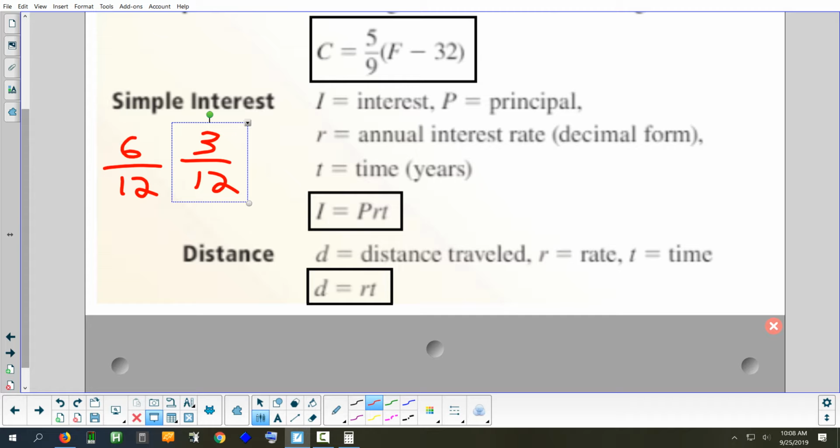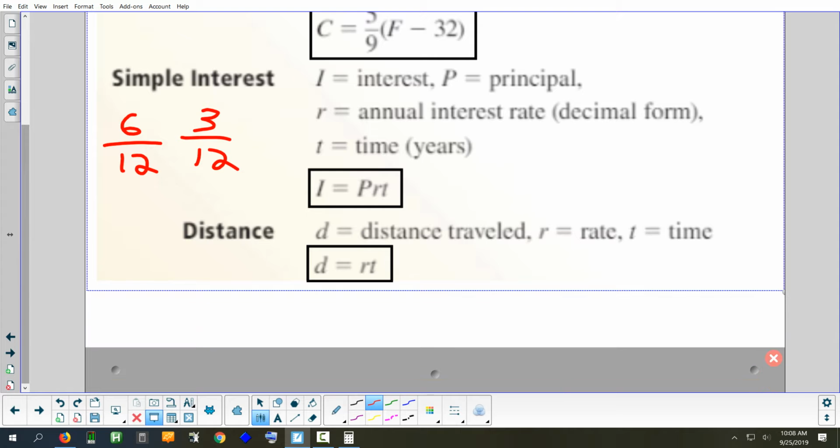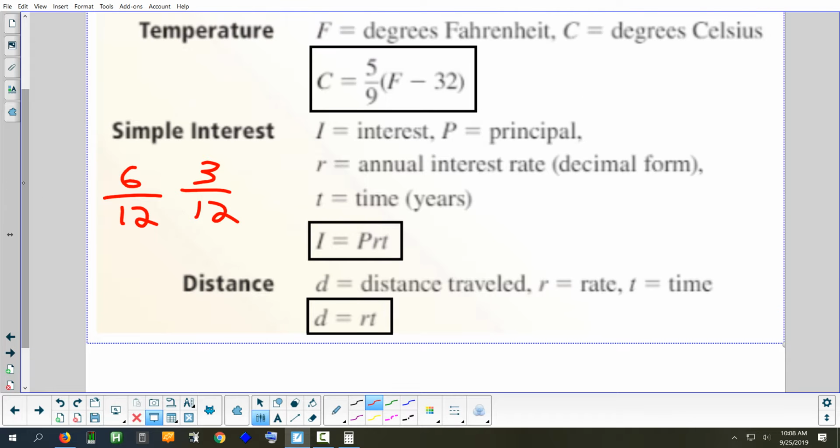What was your average speed? D is distance, R is rate, T is time. Does everyone have those 3 formulas? I think the last one, for me, is the easiest one to remember. The Celsius to Fahrenheit, I always mix that up. It's hard to remember what that one is.